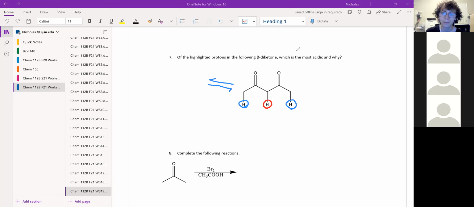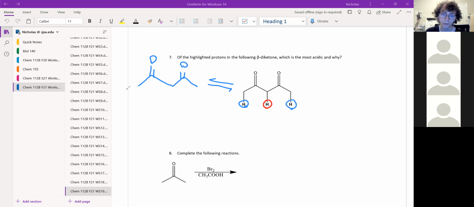You can point to pK values, but if you were asked to explain this on a test, you can't just say the pK value for this proton is lower than this one, so that makes it stronger. You have to explain it somehow. The best way to do that is looking at the conjugate base, where you take the hydrogen away.